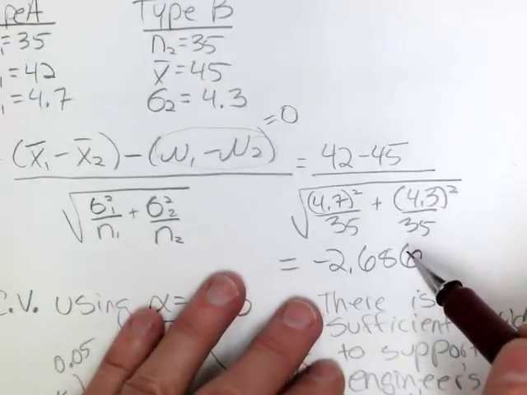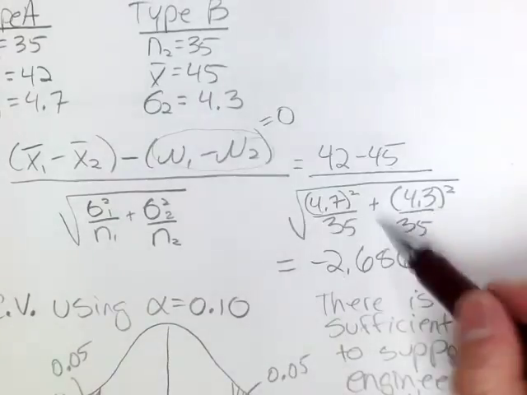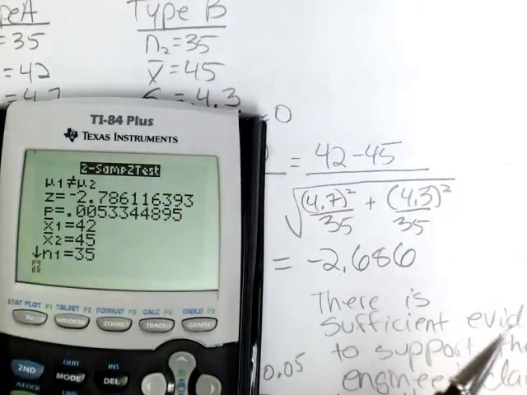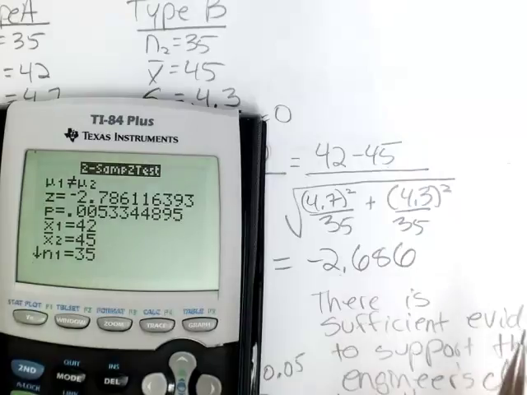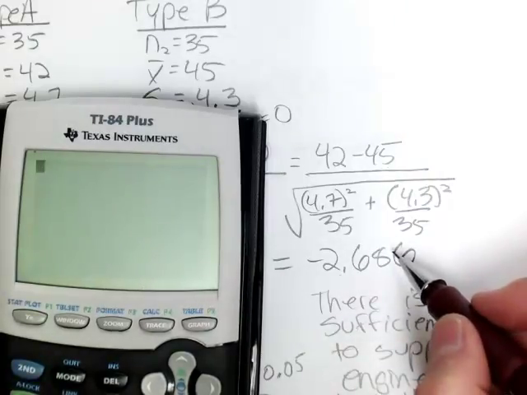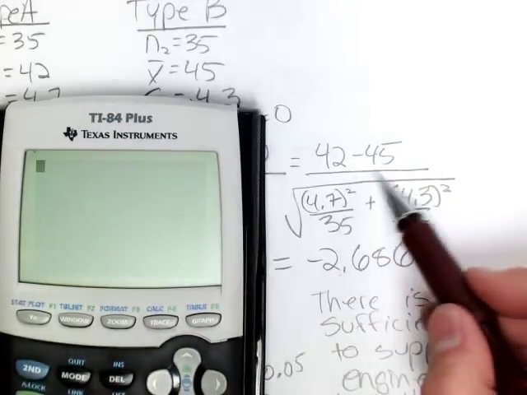Let me go ahead and recalculate that to see where my mistake might have been made. The numerator is -3.